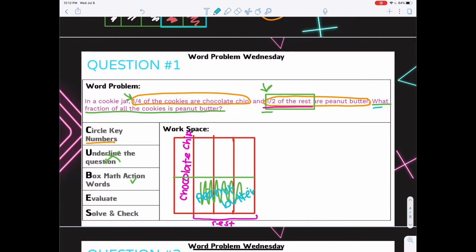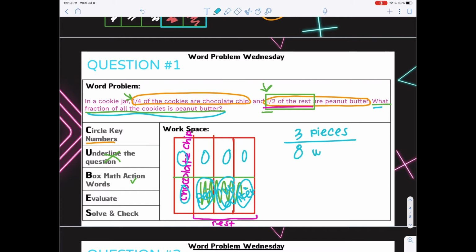So then what fraction of all the cookies is peanut butter? Here we have 1, 2, 3 blocks, or 3 pieces you could say, over, and then we count up all of the remaining pieces. So here we have 1, 2, 3, 4, 5, 6, 7, 8.